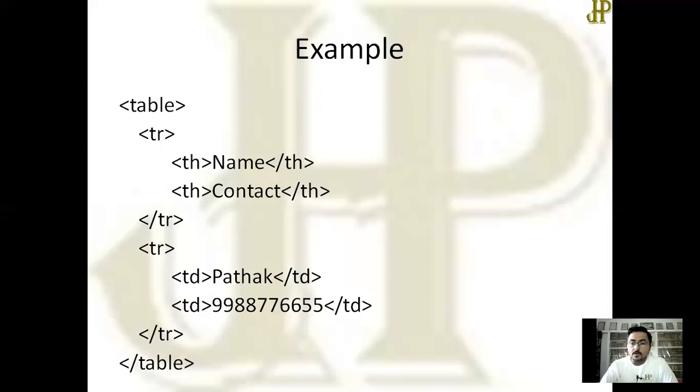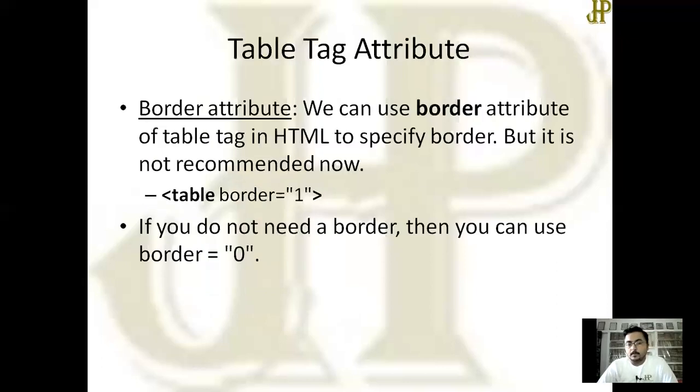Okay. So for this, you have to include the border attribute. And based on the value you have given, 0, 1, 2, 3, the width of the border is defined. If nothing is to be shown as a border, then you have to give 0. Otherwise, you have to give a value other than 0, or you can say greater than 0. 1, 2, 3, 4, and so on. Okay.